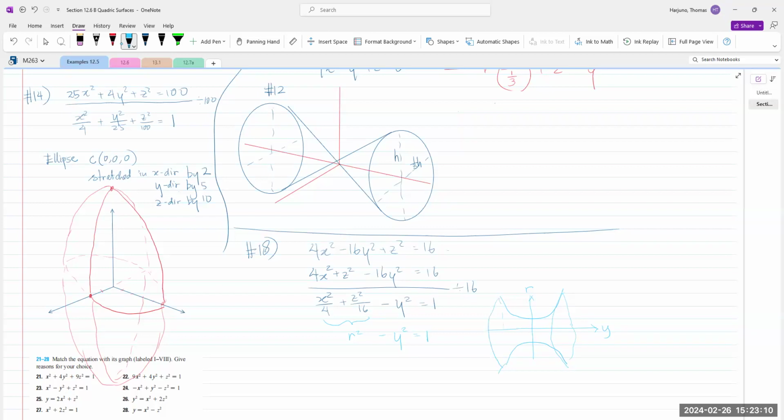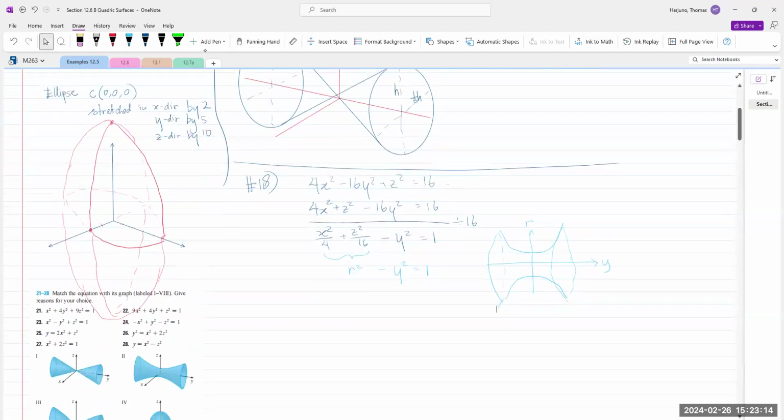Again, the 4 and 16 here are the scaling, which stretch in the x direction by a factor of 2, and in the z direction by a factor of 4.